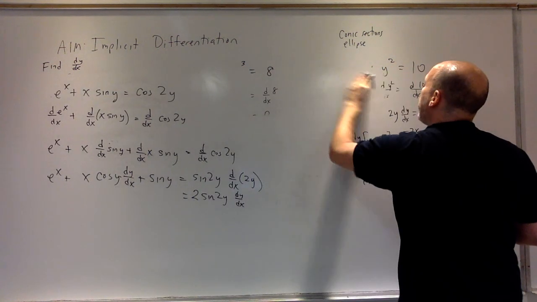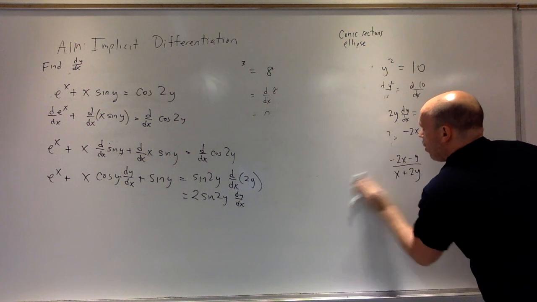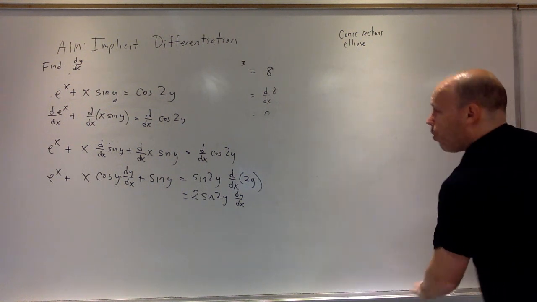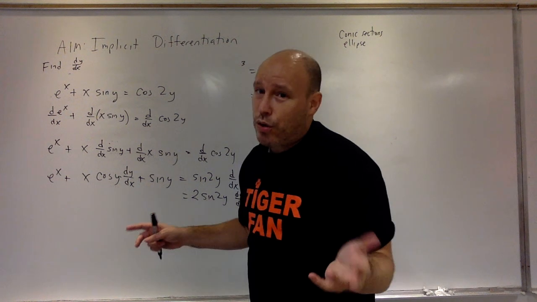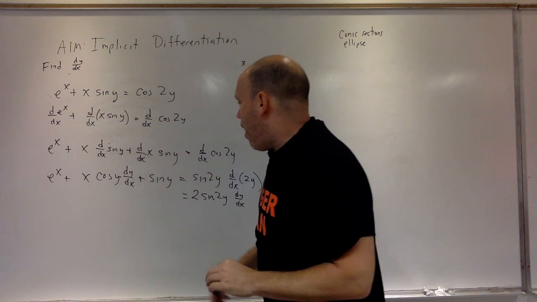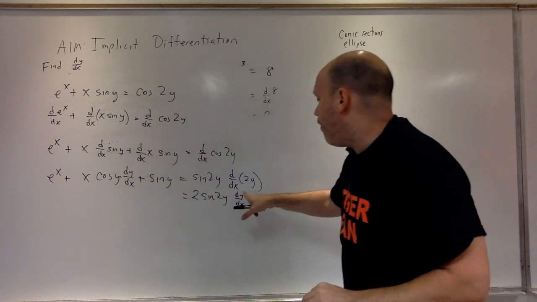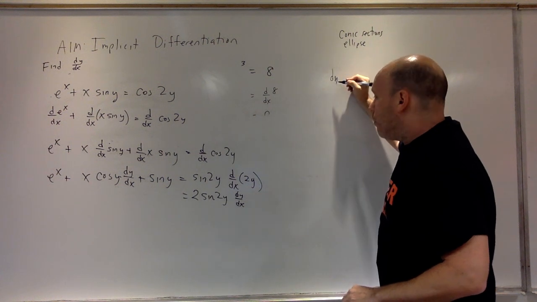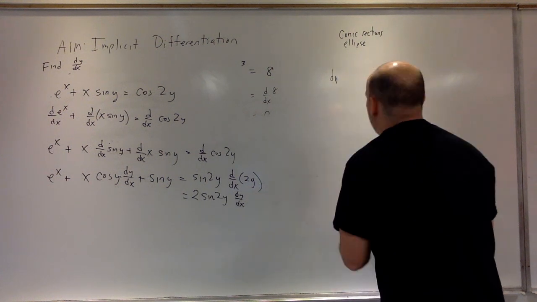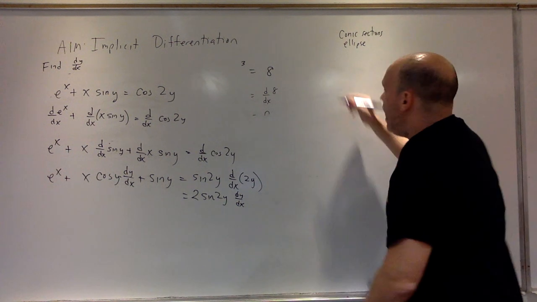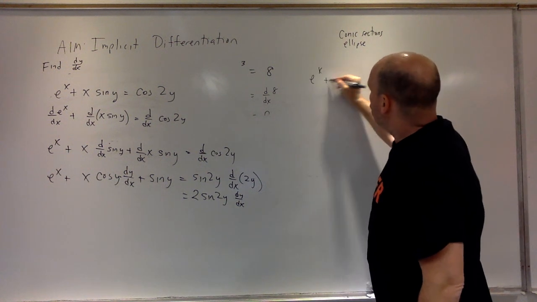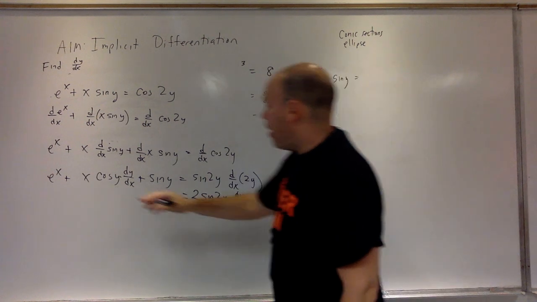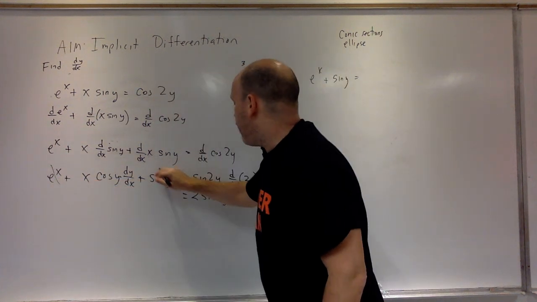Let me erase this. Sorry. And then we're almost done. Let's see. So what I'm going to do is, you can do it your way or my way. I'm going to pull this over here and factor out the dy. So we have e to the x plus sine of y is equal to, so I took care of this, I took care of this.